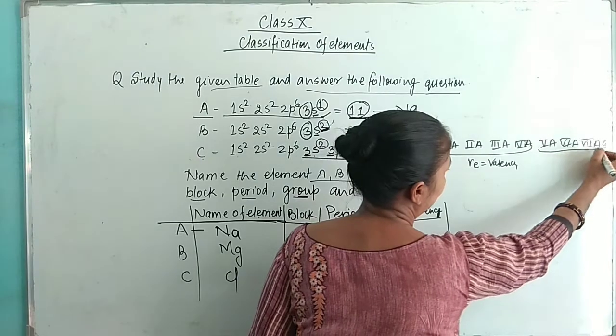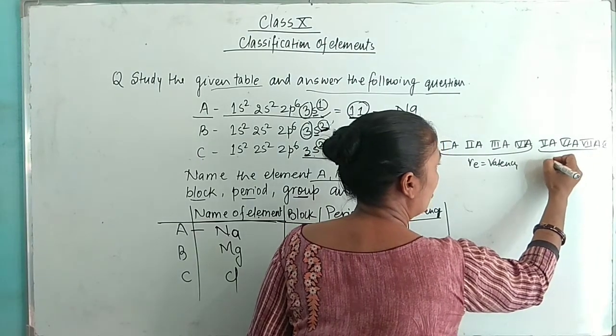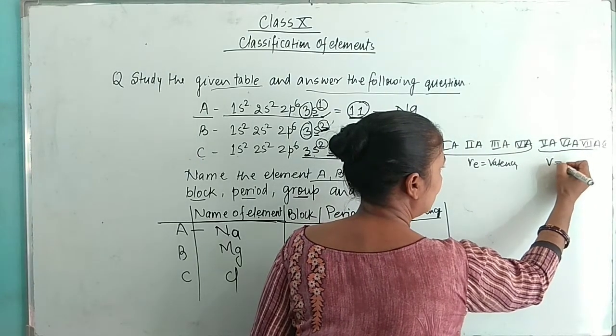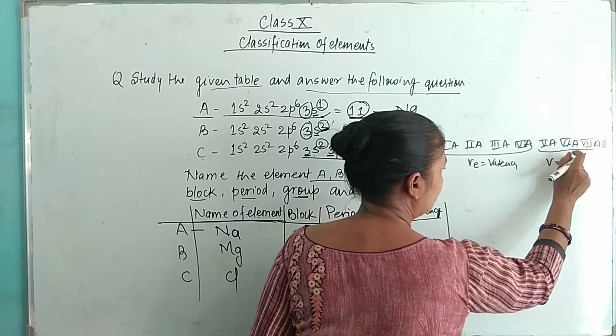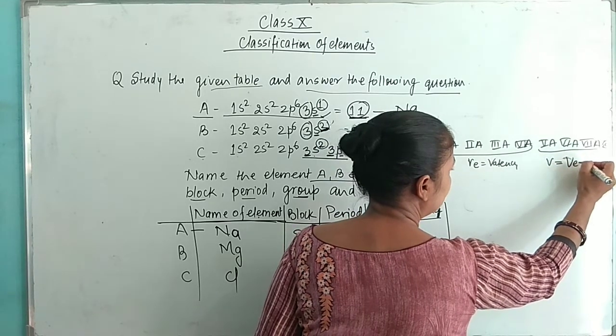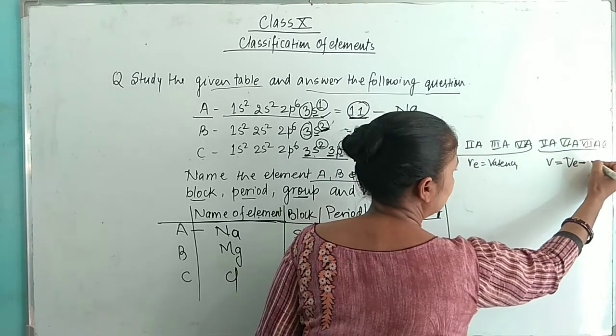And from here up till 7, the valency is equal to valence electron minus 8.